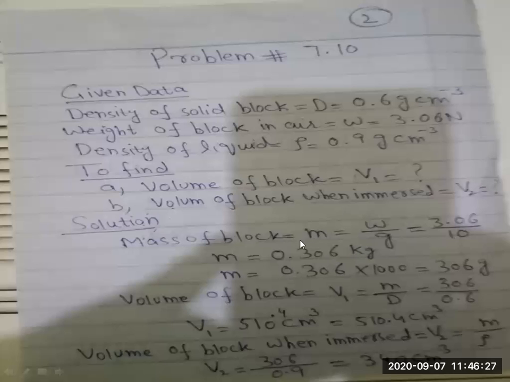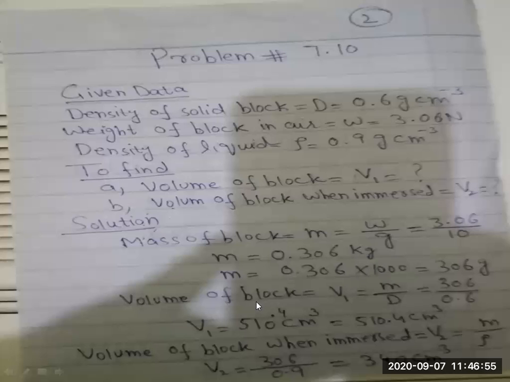We convert this into grams, because our density is not in kilogram per centimeter cube, it is given in gram per centimeter cube. So multiply by 1000, you know kilo is 1000, and you will get 306 grams.